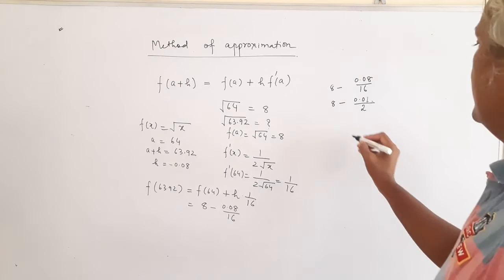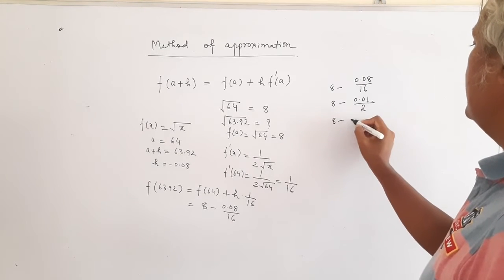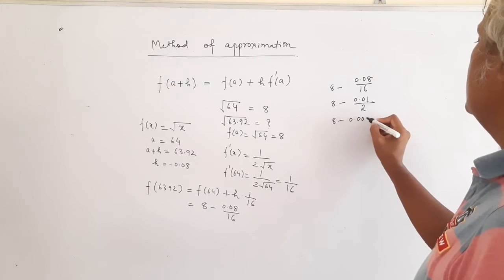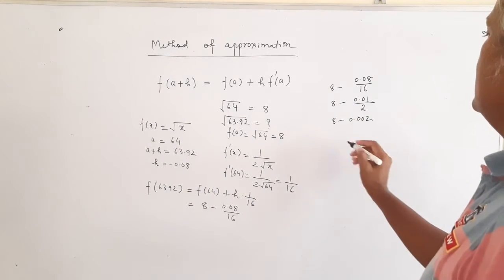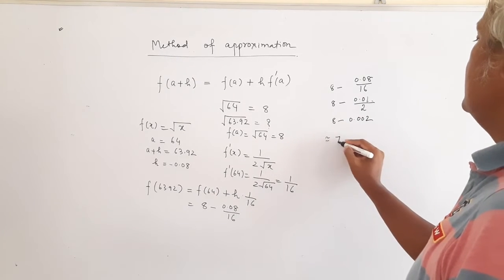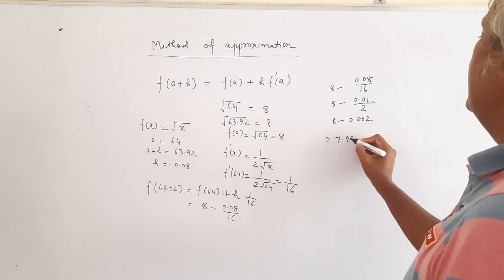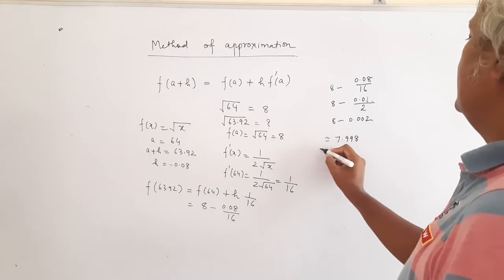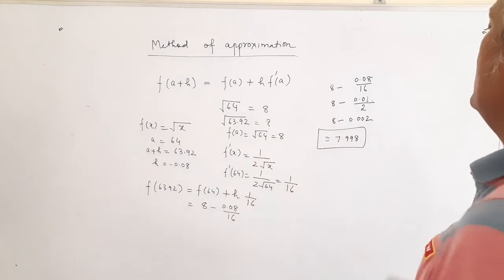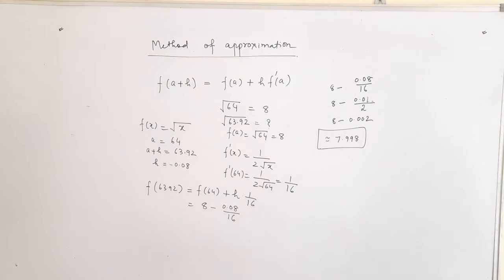If I divide it further, this will become 8 minus 0.002. So your answer will be roughly 7.998. This is the value of the square root of 63.92.